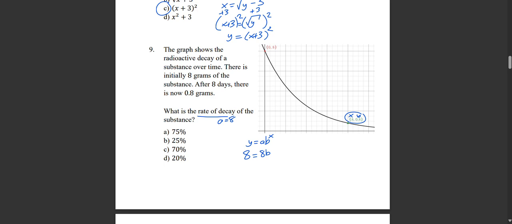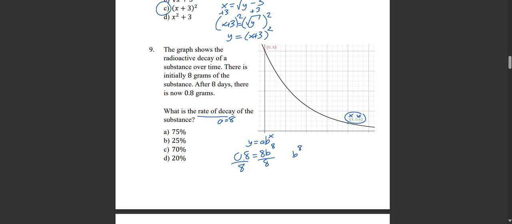That should be backwards. Let me fix that. So after 8 days, there is 0.8 grams of the substance. We can divide both sides by 8.